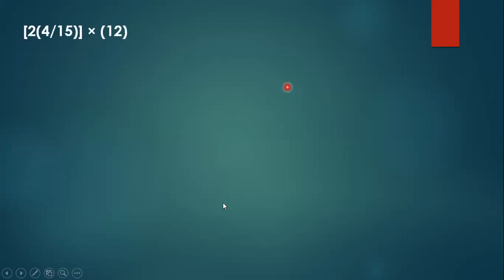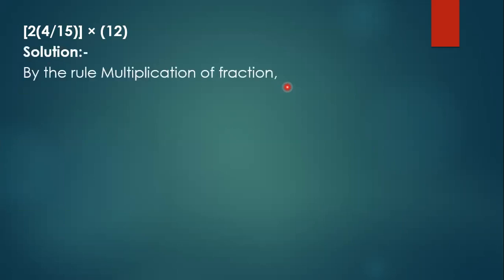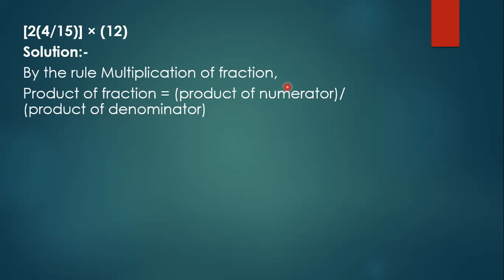Okay. Now children, see here, one fraction is a mixed fraction, another one is a whole number. Whole number can be written as a fraction in the form of 12 by 1. First of all, we'll have to convert the mixed fraction into an improper fraction. By the rule of multiplication, product of fractions is product of numerators by product of denominators.